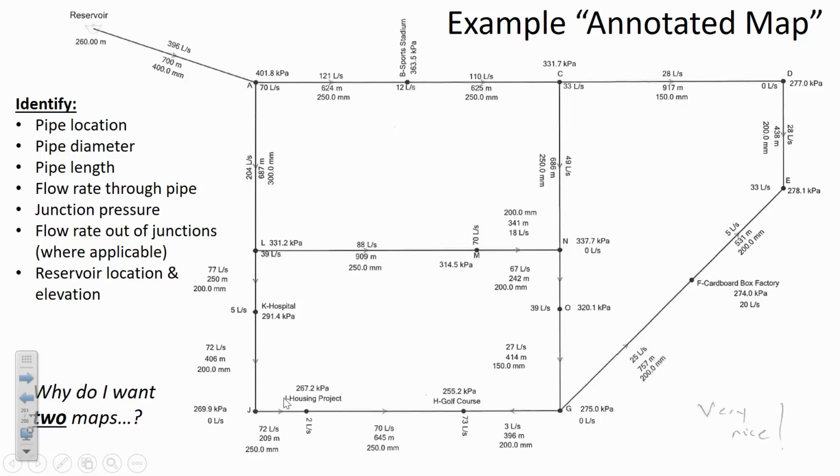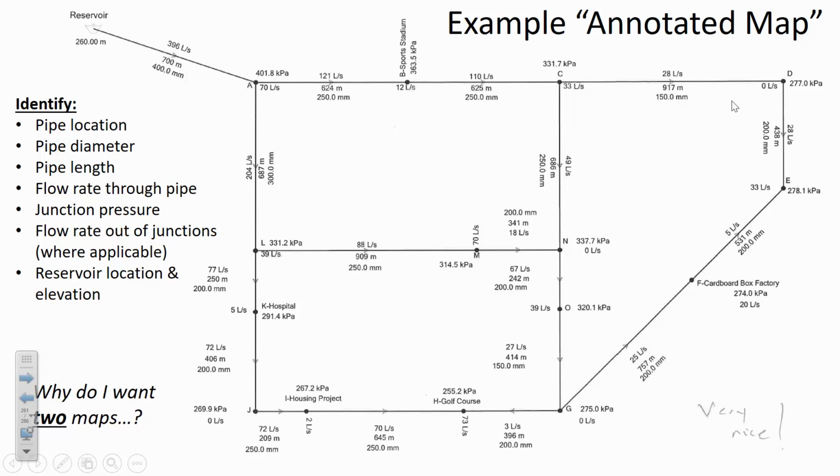And then, if this was this year, I'd look at junction J and I'd say, why send the pipe through a location where there's no demand? It would be better to connect the dots directly between the hospital and the housing project. So there's multiple places where you don't necessarily have to take the flow to a junction where there's no water being taken out, and you can have the pipe dead end.